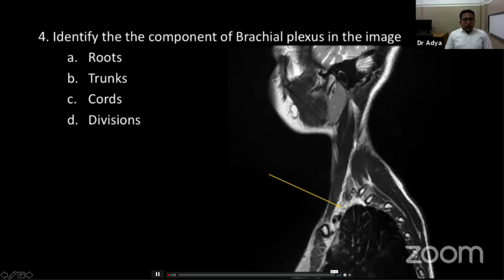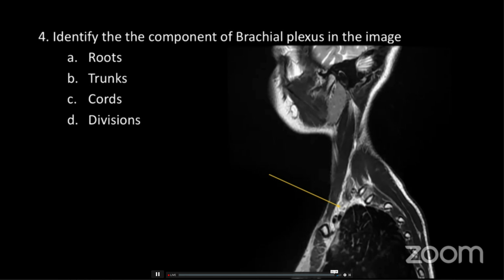Next question. Question 4, identify the component of brachial plexus in image: roots, trunks, cords, or division. The poll is live, sir. Is it done?